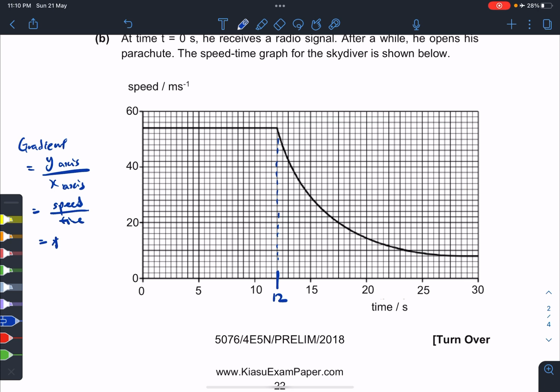You get acceleration. So gradient is always the y-axis divided by the x-axis. Then you have another one, area under the curve, which is basically the y-axis times the x-axis.